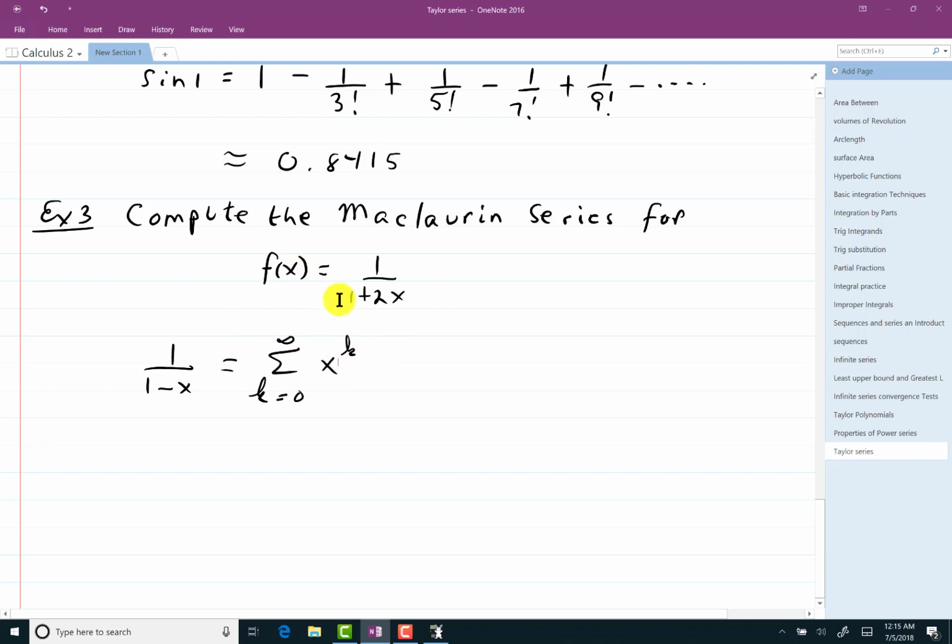Well, this is quite similar. If I thought of it as 1 over 1 minus negative 2x, then I can use the same formula. k equals 0 to infinity, and I'll have negative 2x to the k.